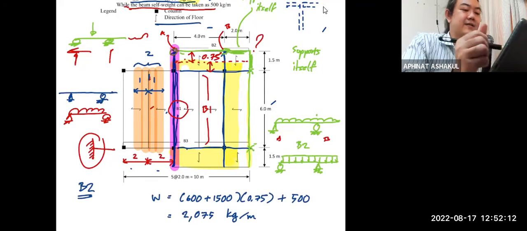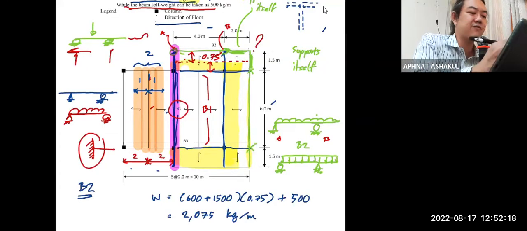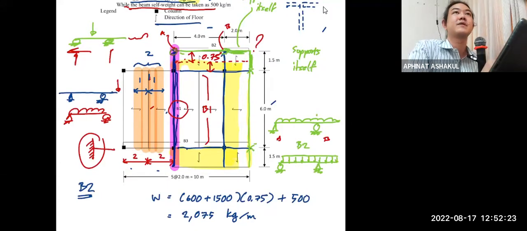So the reaction from B2 will be here. This part of B1, you must make sure that it is strong enough to take whatever reaction is from B2.